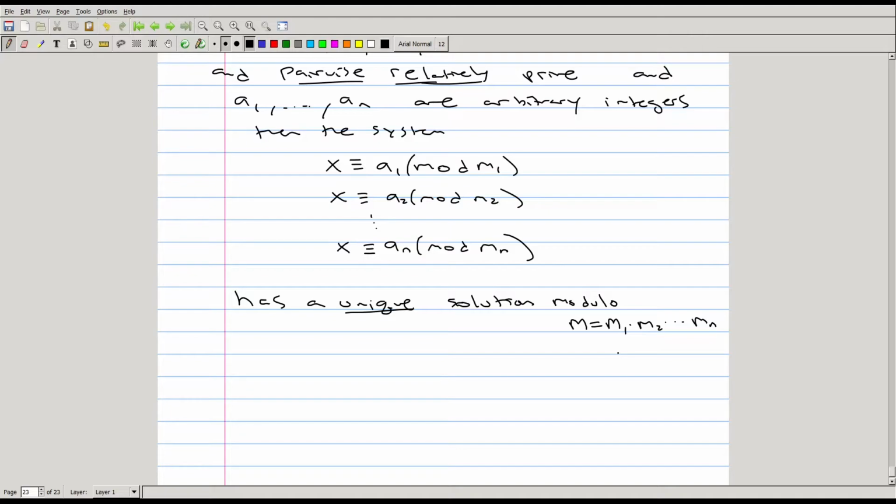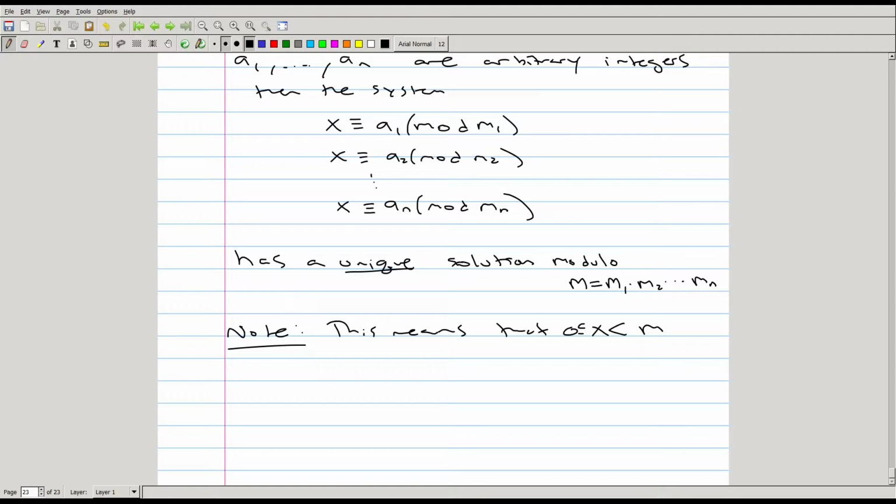Which means that there exists a solution x where x is between zero and strictly less than this value M, and all other solutions are congruent modulo M to the solution x.